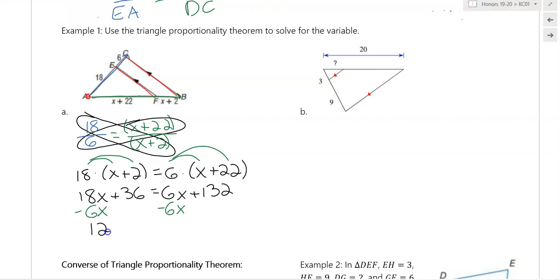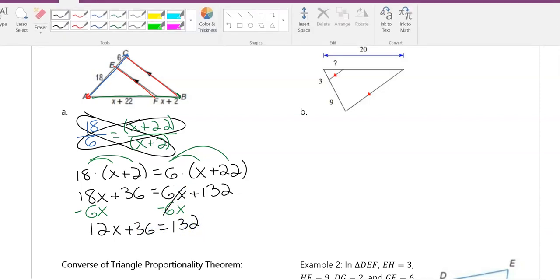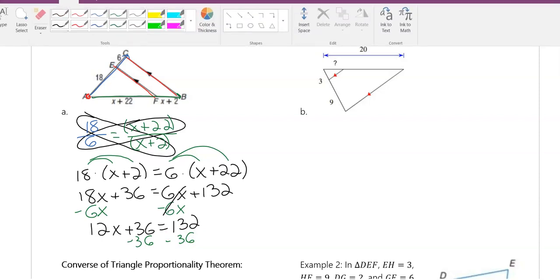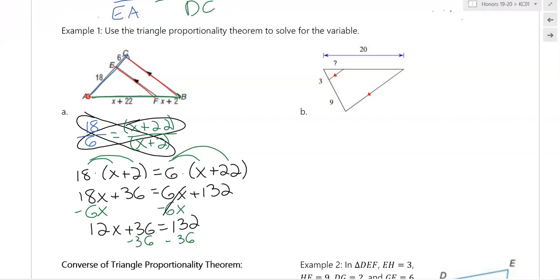I have x's on both sides, so I'm going to get rid of this 6x. So I now have 12x plus 36 equals, right, those cancel. I'm going to subtract that 36. I now have, we're going to just go over here, just running out of space. 12x. These cancel. And I get 96, I believe.